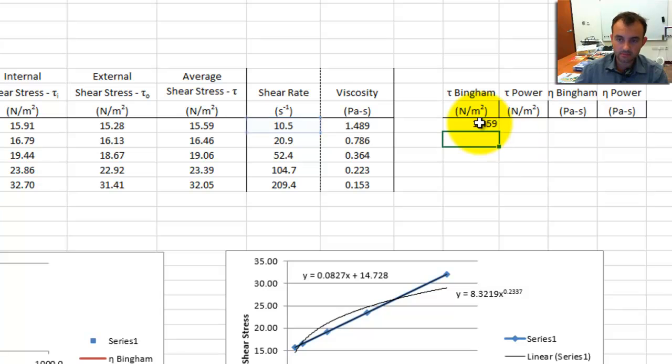So I click enter and I do the same for the power law, equals the shear rate. Now there's a different formula, power of 0.2337 times 8.3219. The viscosity in either case is always the same formula, the ratio of the shear stress over the shear rate. Same here.